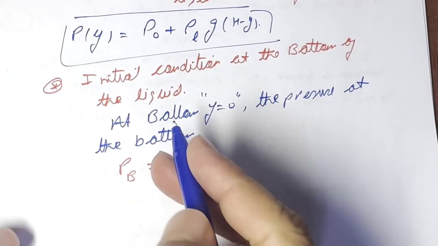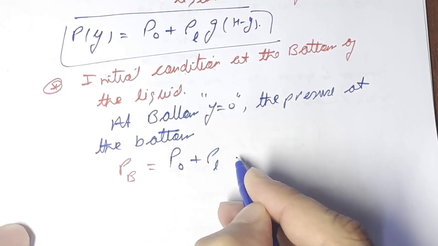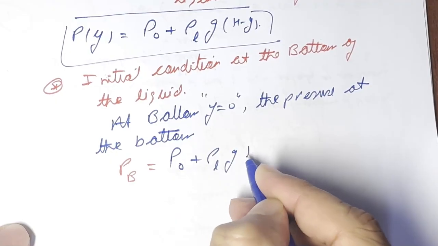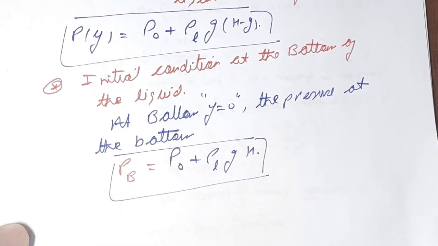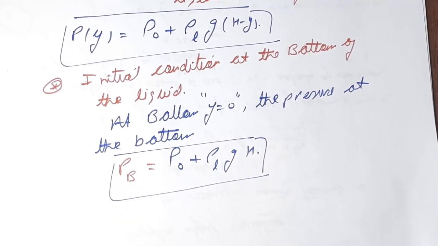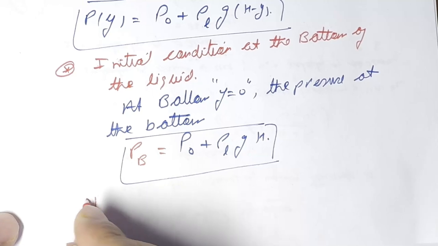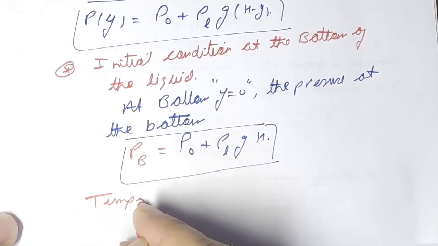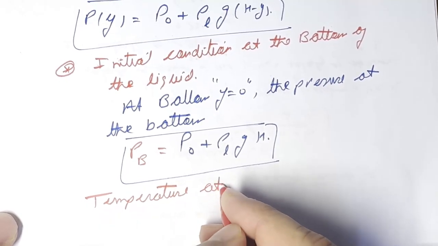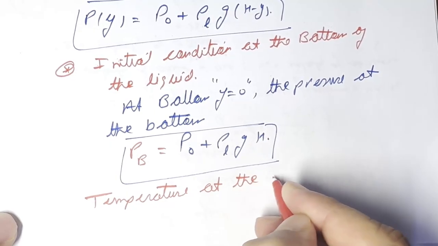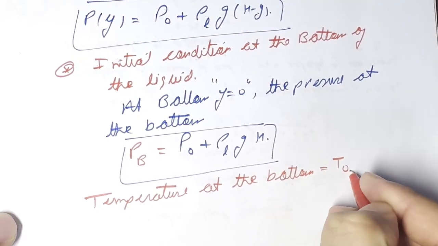Therefore we can say that this will be P0 plus density of the liquid times g multiplied by H. And it is also given that the temperature at the bottom is T0.